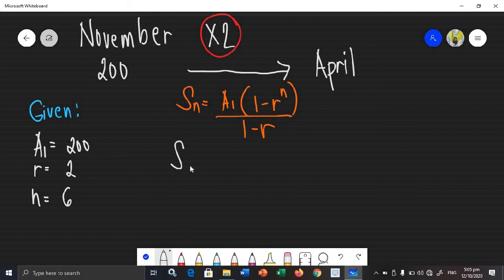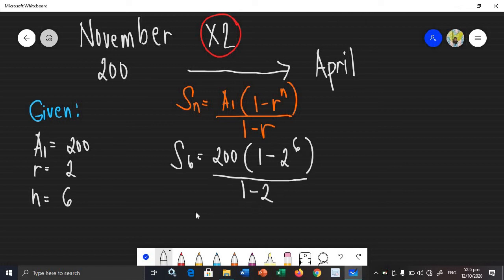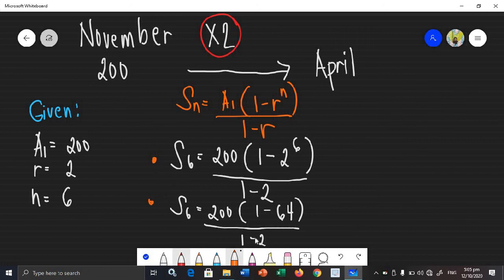So, S sub 6 is equal to 200 times quantity 1 minus 2 raised to 6 all over 1 minus 2. So, S sub 6 is equal to 200 times 1 minus 2 raised to 6, that is 64, all over 1 minus 2.